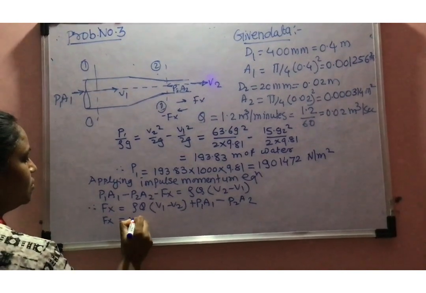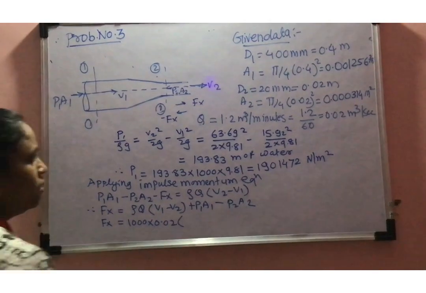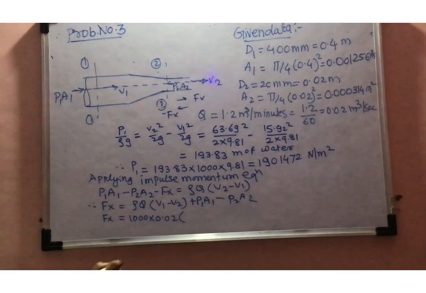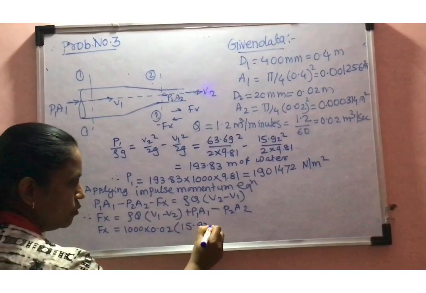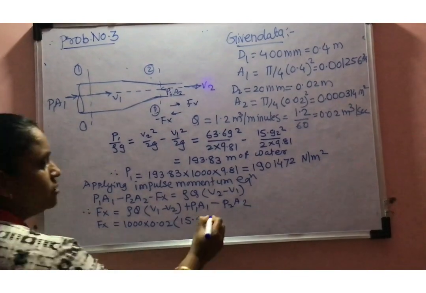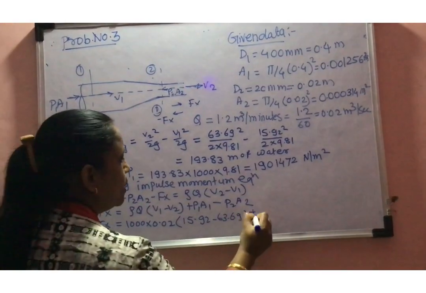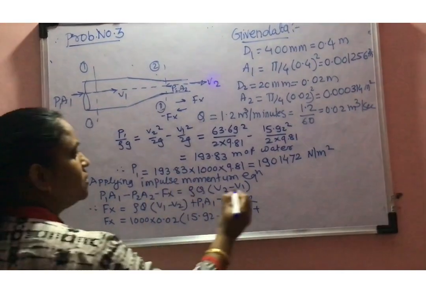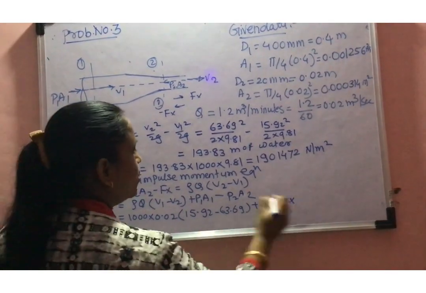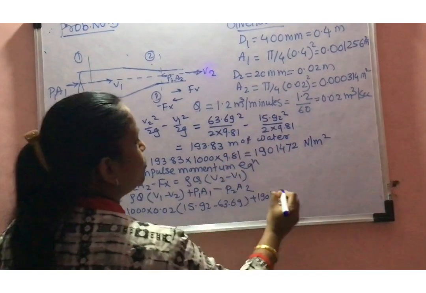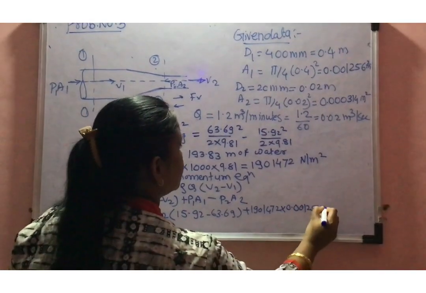Now put the values of these terms. Rho is 1000, Q is equal to 0.02, V1 is equal to 15.92 minus V2 is equal to 63.69, plus P1 is equal to 190.1472 into A1 is equal to 0.001256, minus P2.